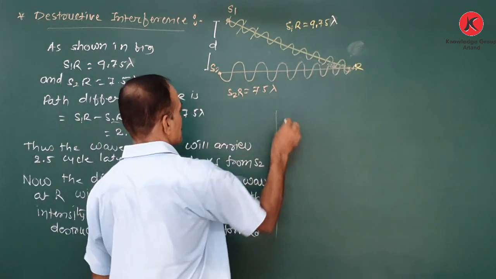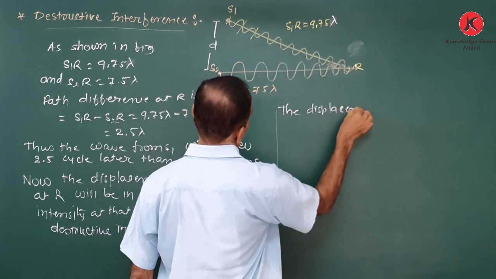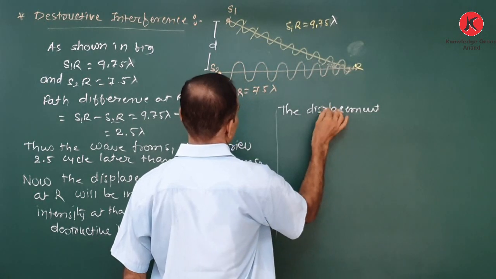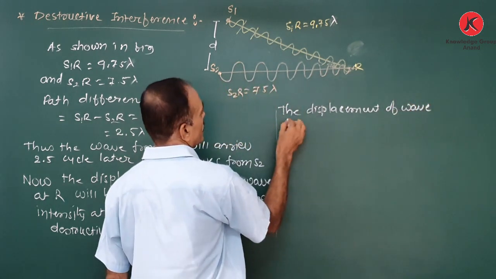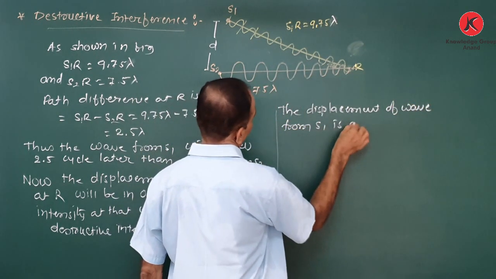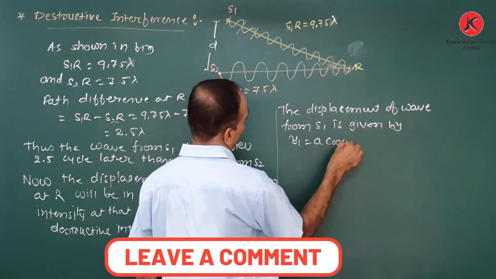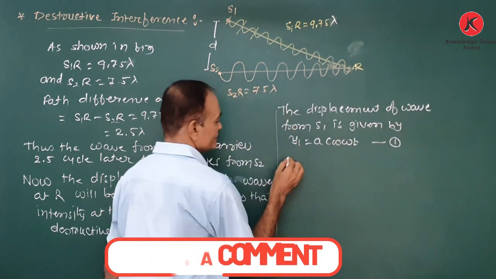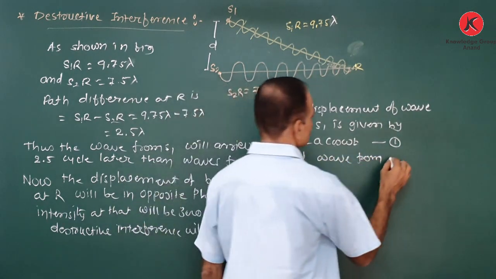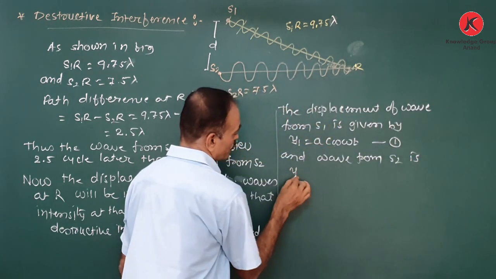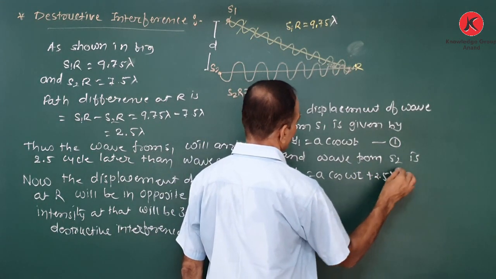The displacement of the wave from S1 is given by y1 is equal to a cos omega t, equation 1, and the wave from S2 is y2 is equal to a cos (omega t plus 2.5 lambda).